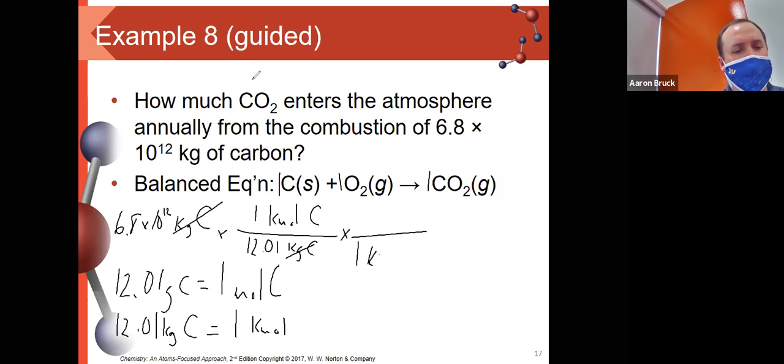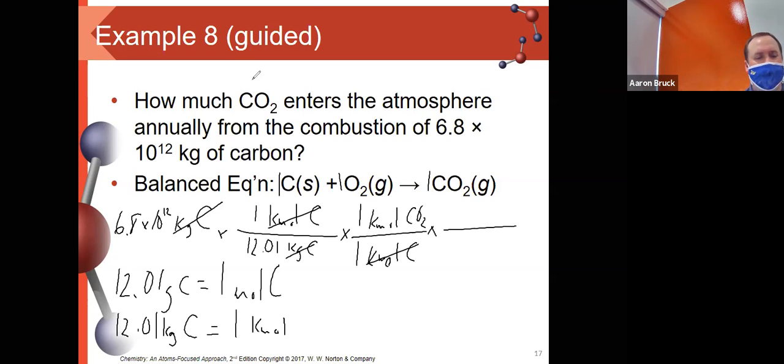So 1 kilomole of carbon gives me 1 kilomole of carbon dioxide. And the same kind of logic would apply to the molar mass of carbon dioxide as well. 1 kilomole of CO2 would weigh 44.01 kilograms.